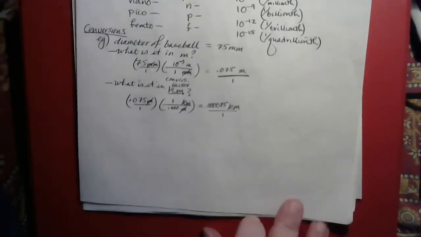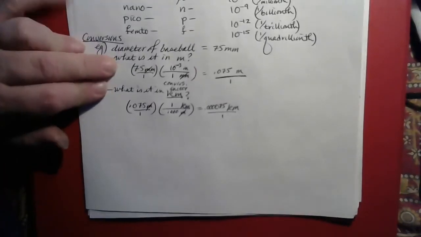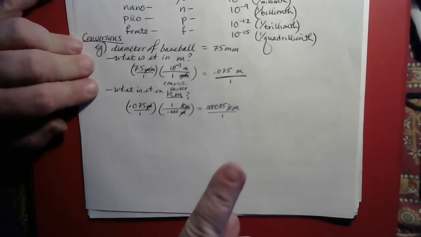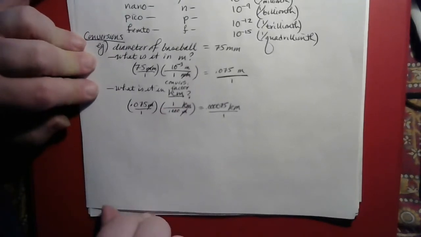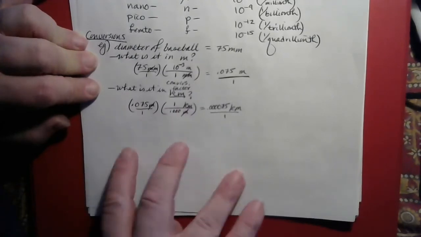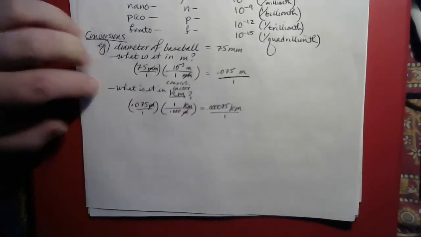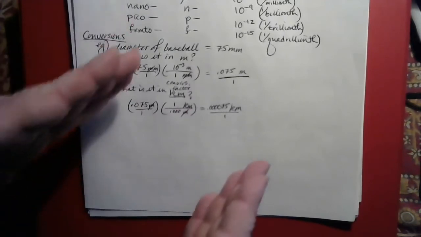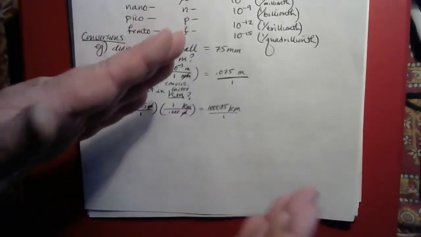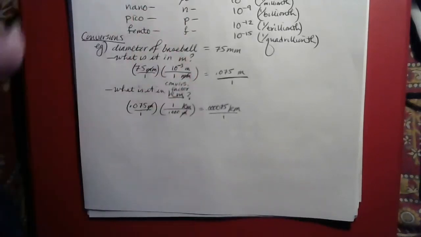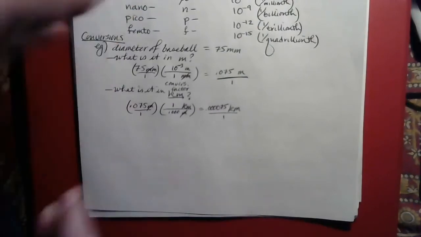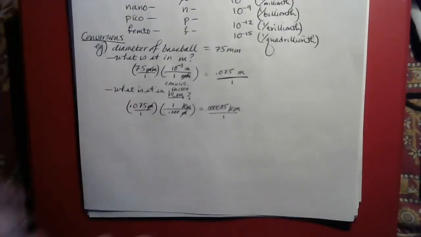For instance, if you're doing a simple conversion like this with units of length, if the unit gets bigger, the number should get smaller because you're measuring the same quantity just in different units. So the size of the quantity that's being measured is remaining the same. So if the units get bigger, the number has to get smaller to compensate for the units getting bigger, and vice versa. If the units get smaller, the number gets bigger.